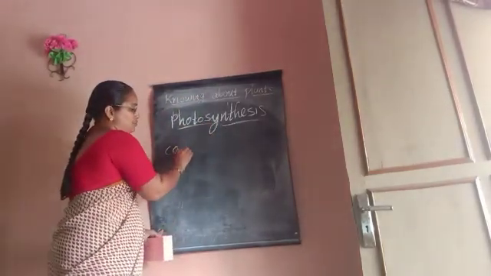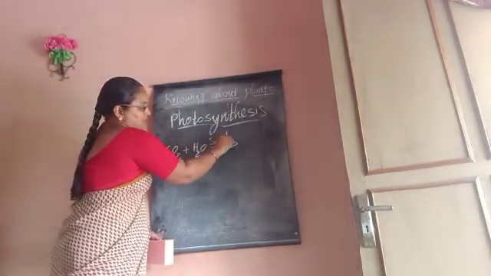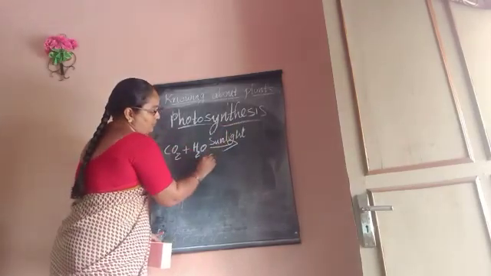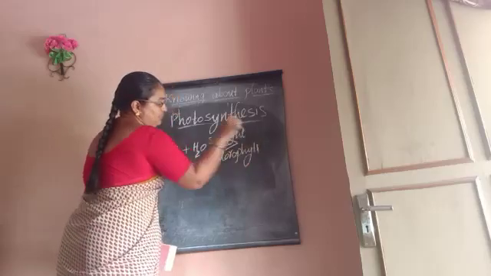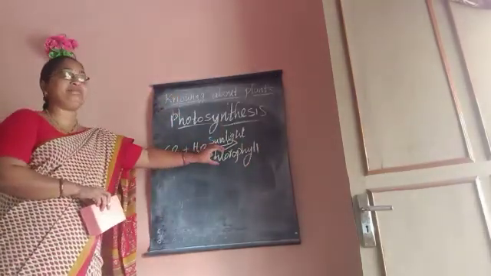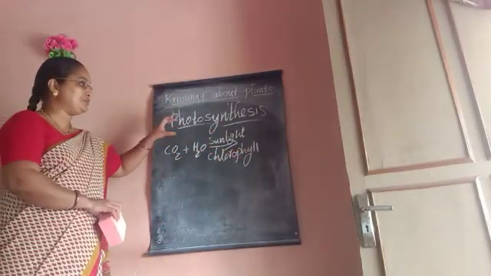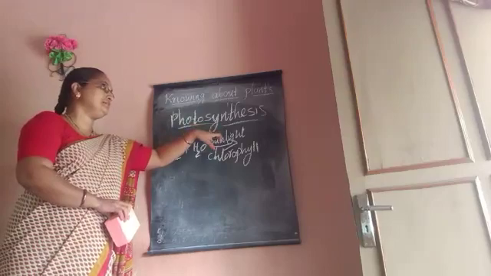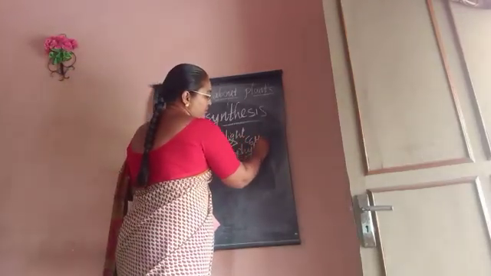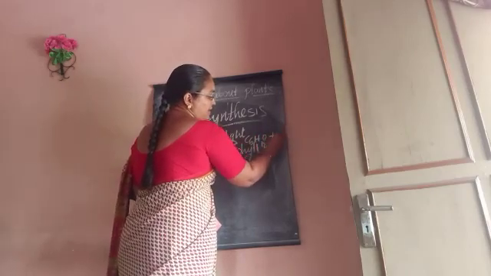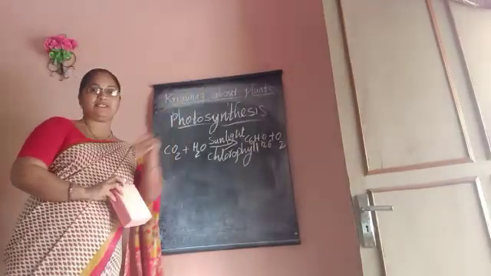Carbon dioxide from the atmosphere, and water, in the presence of sunlight and chlorophyll. Chlorophyll is the green color pigment present in the leaves. Using these, leaves prepare the food and release oxygen. This process is called photosynthesis.